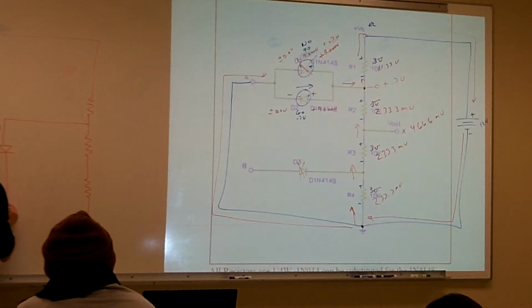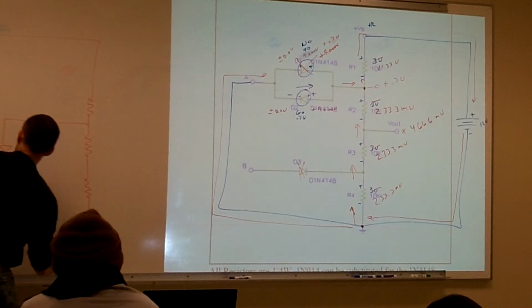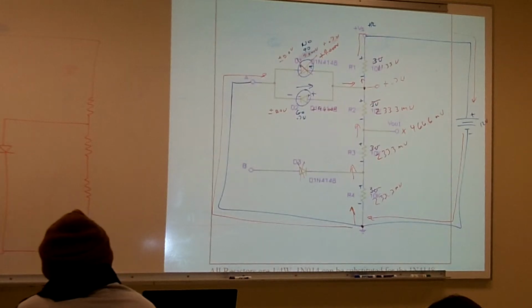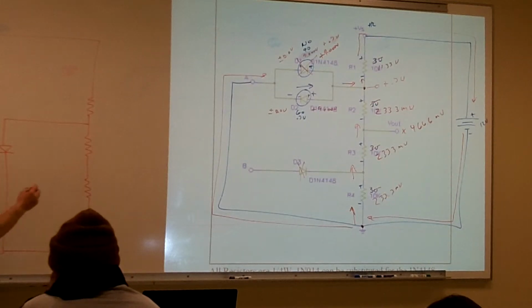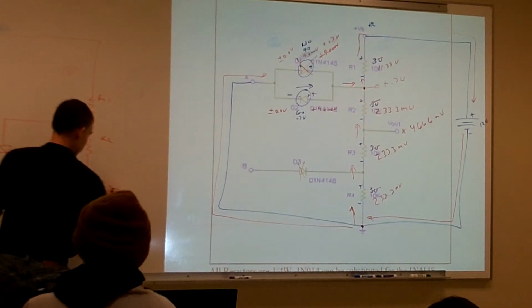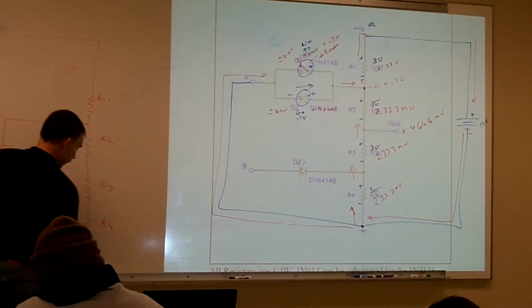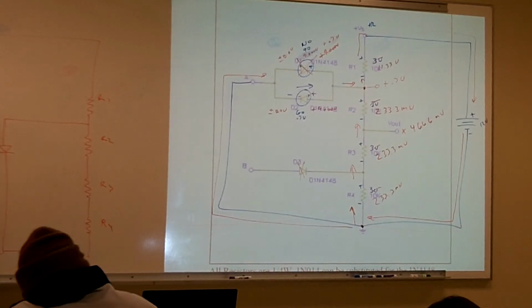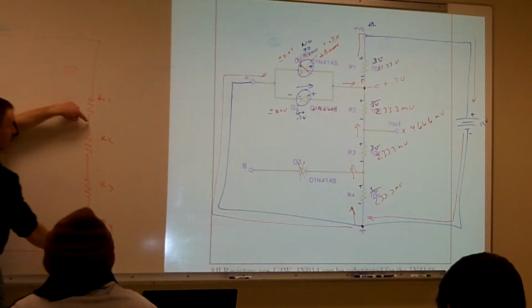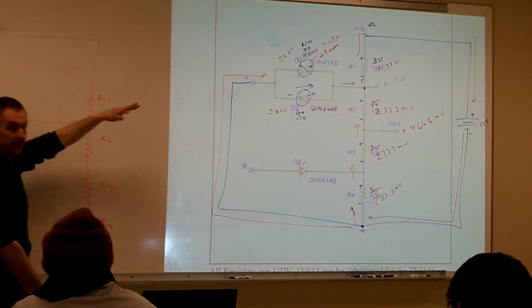Make sure you draw the ground all the way down, otherwise you'll miss it. And so they're just redrawn out there. So here's R1, R2, R3, R4. And then since now the diode is in parallel with R2, 3, and 4, they must equal 0.7 volts.